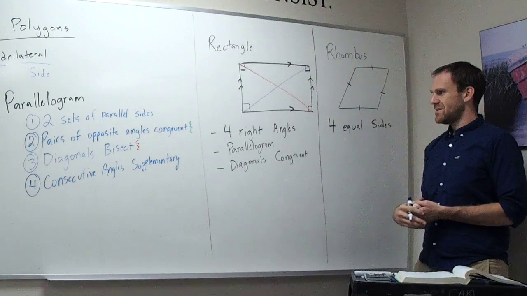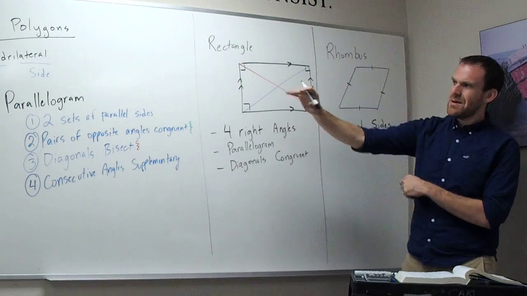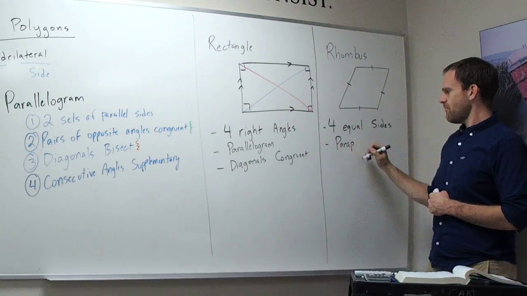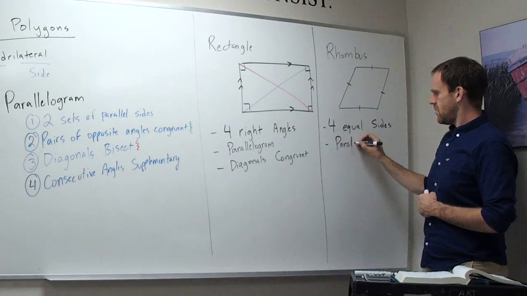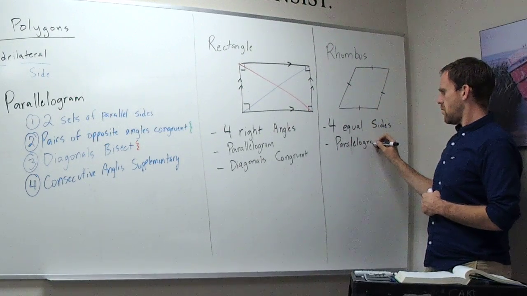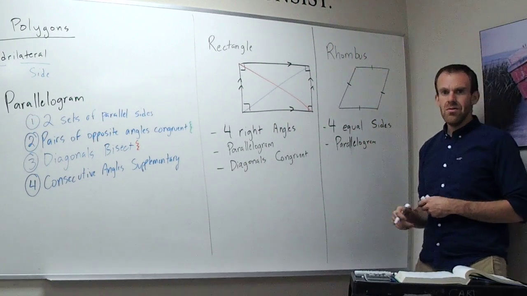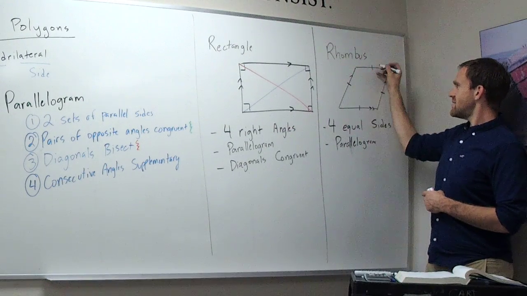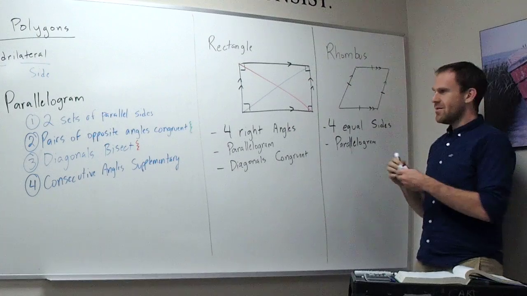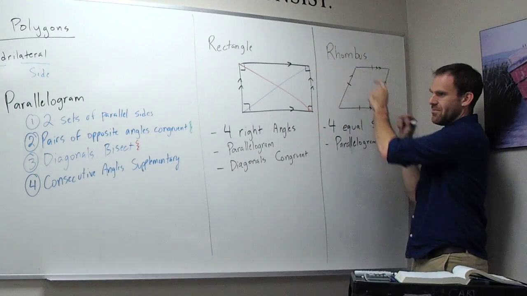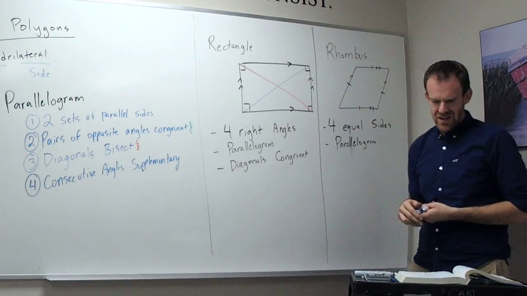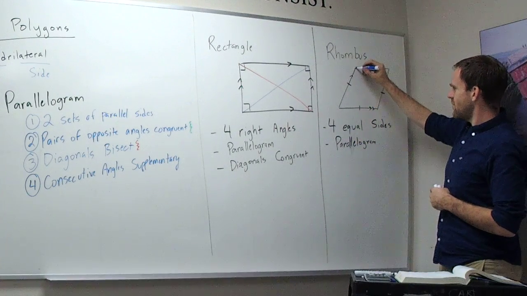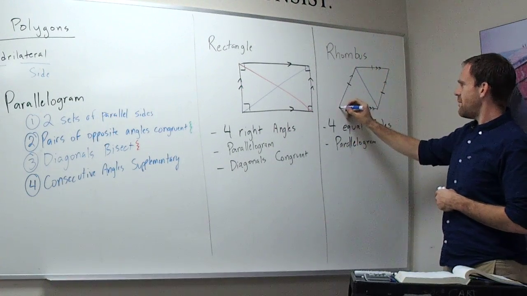Now, what does that do for us? Well, first of all, since it is a parallelogram, it has all of the properties of a parallelogram. So, these two sides are parallel. These two sides are parallel. Opposite angles are the same. And diagonals bisect. But we also have another cool property with the diagonals in a rhombus.